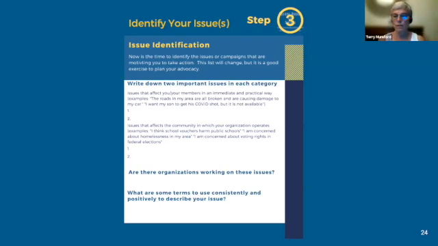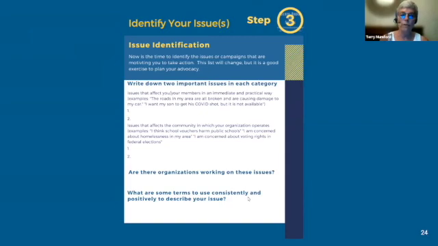The other thing that we ask you to do in this part of the workbook is, from the very beginning, when you've identified your issue, to come up with some key terms that you want to use to consistently and positively describe your issues.